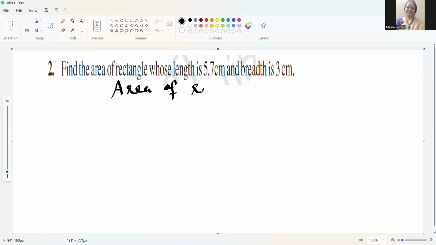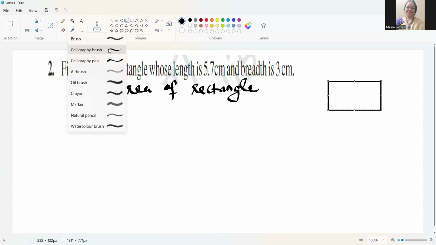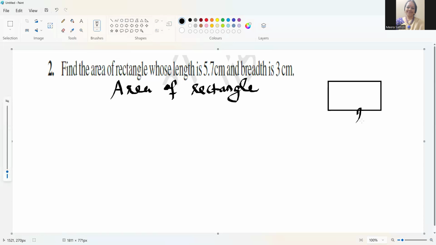What is the area of a rectangle? This is length. This is breadth. Area means length into breadth. So area of rectangle, length into breadth. That formula you have to write first.